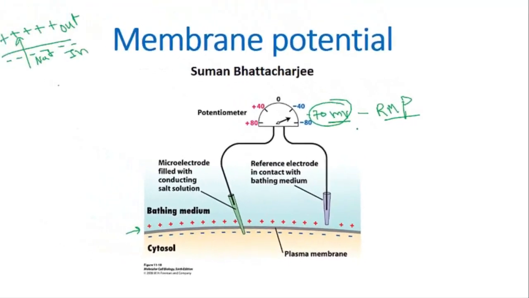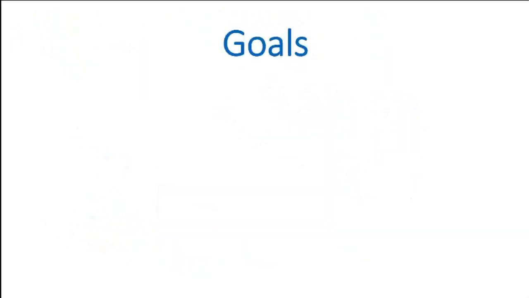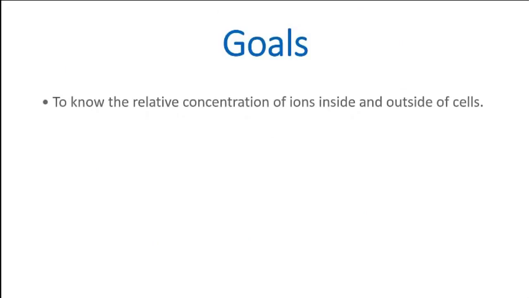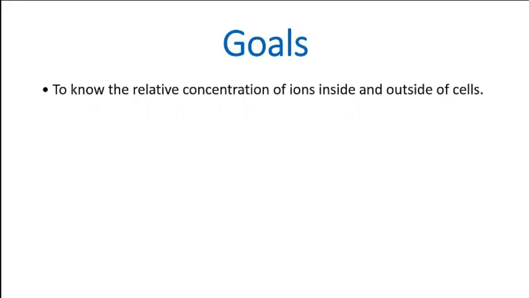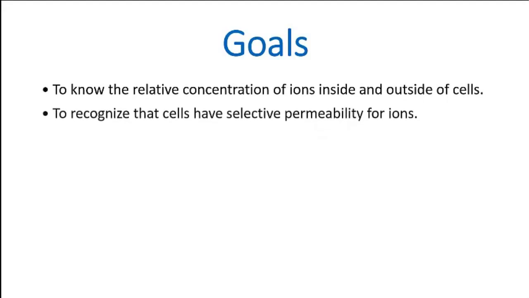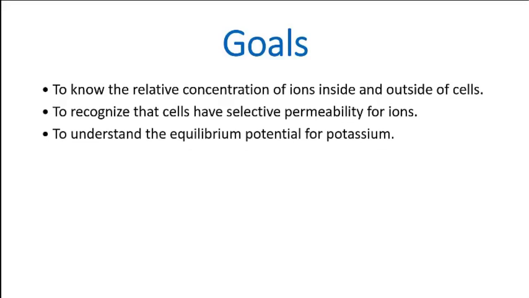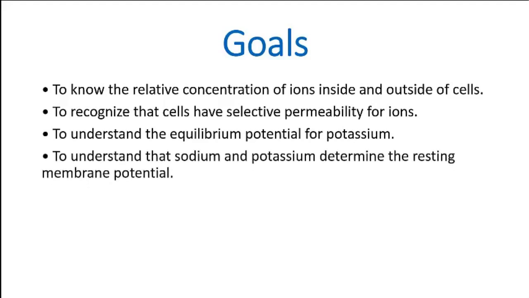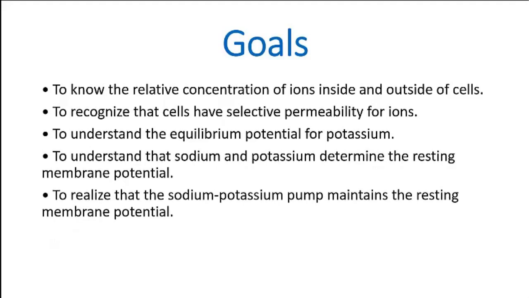So let's look at the process. The goals for our learning of this chapter are to know the relative concentration of ions inside and outside the cell, to recognize that cells have selective permeability to ions, to understand the equilibrium potential for potassium ion, to understand that sodium and potassium control and establish the resting membrane potential, and also to understand the role of the sodium potassium ATPase pump that maintains the resting membrane potential.